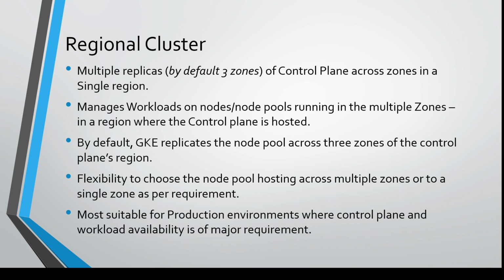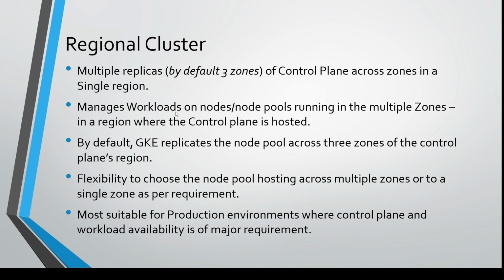So that's mainly why we choose the regional cluster. That's why Google has this availability type made available, to have higher availability for your control plane, unlike the zonal clusters, right?